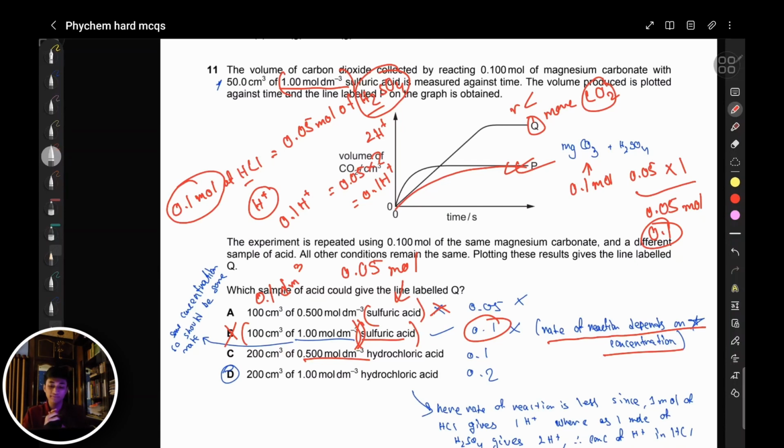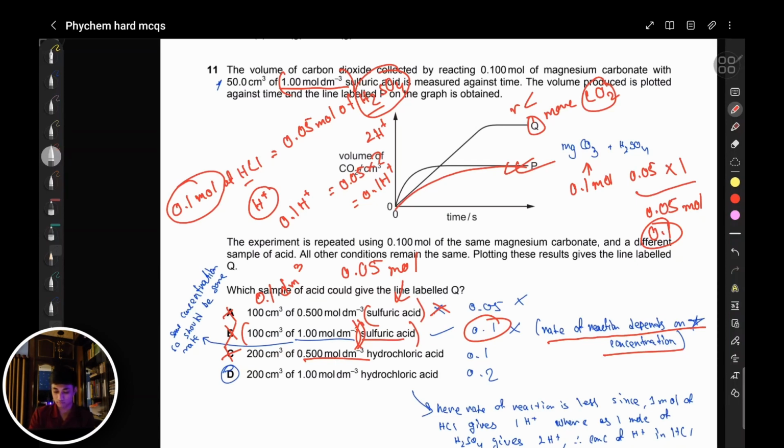But even if that is true, the amount of CO2 is not doubling, which is why C is not going to be the answer. D, 200 cm cube of 1 mole per dm cube of HCl. Okay.